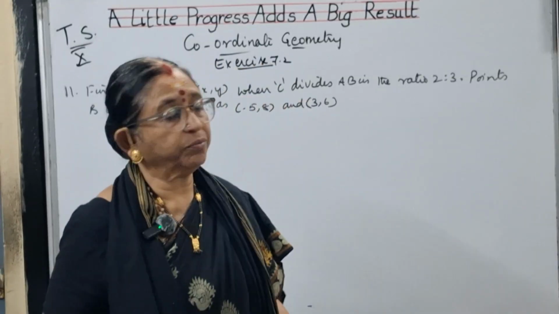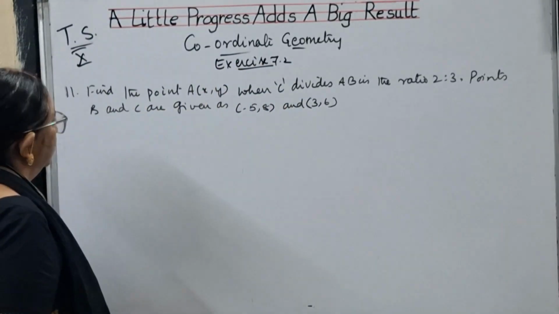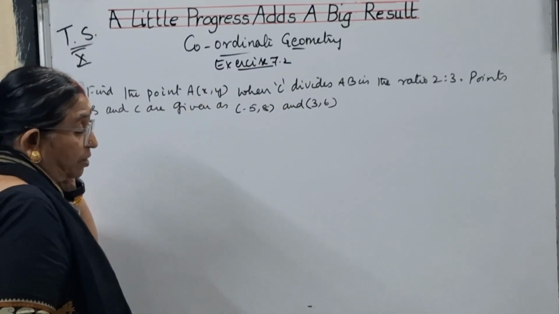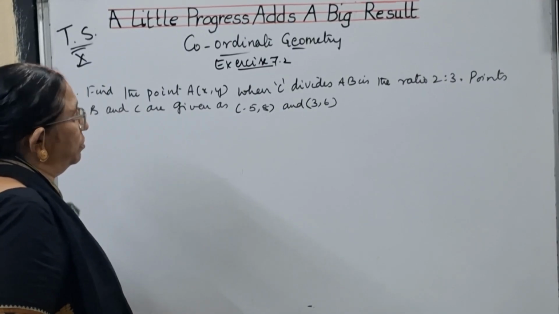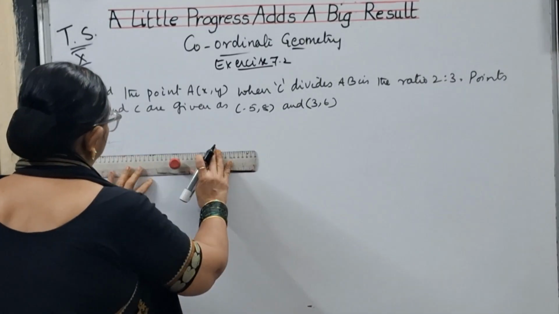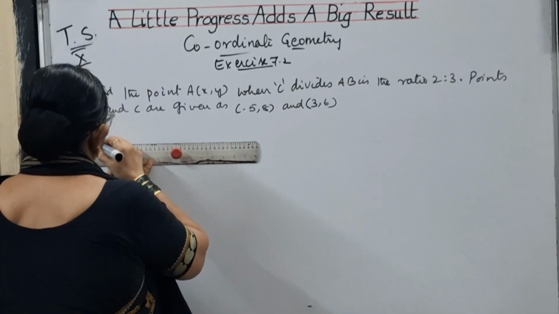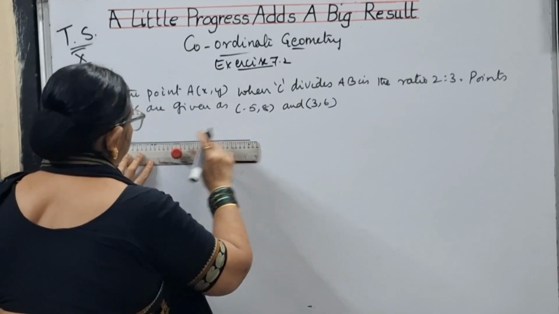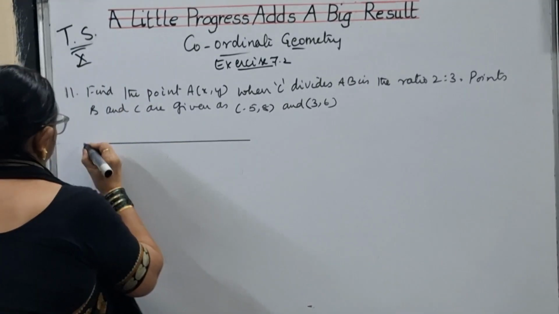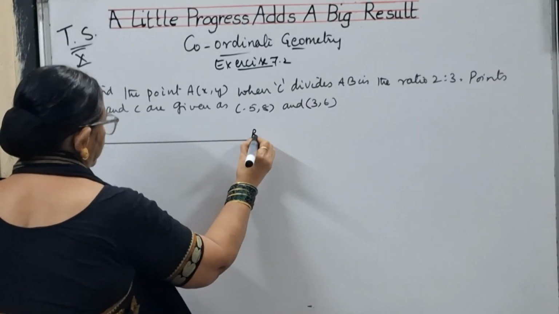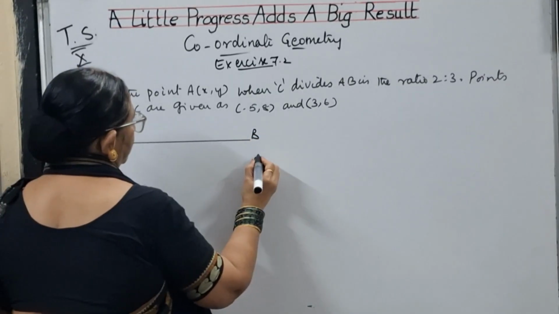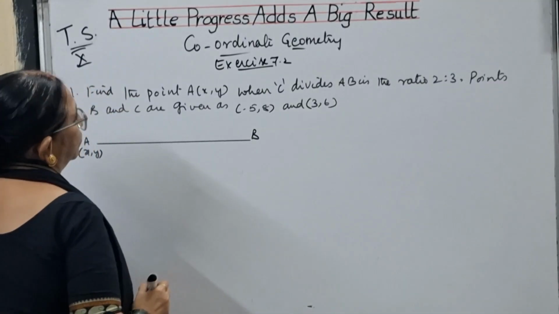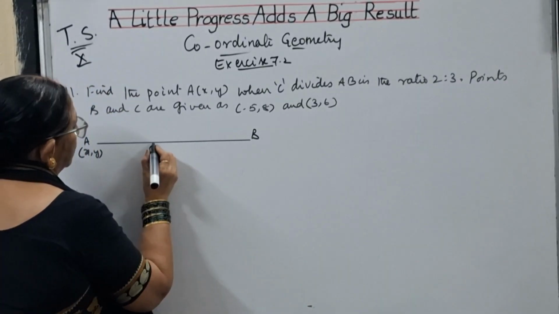Now 11th sum, children. 11th sum is find a point A, that is x comma y, when C divides AB in 2:3 ratio. So this is a line segment A and B. Coordinates of A is x comma y and C divides AB in 2:3 ratio.